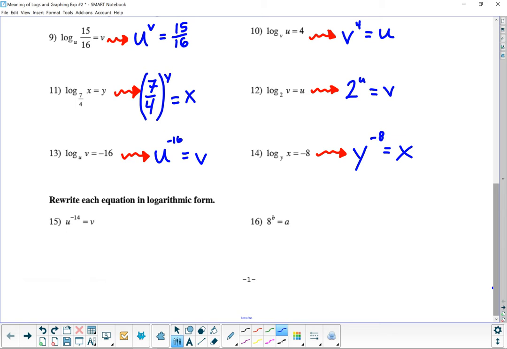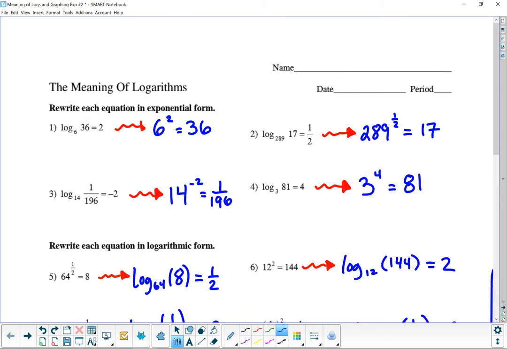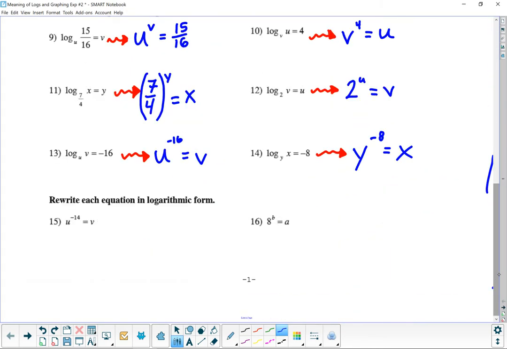Okay, 15, 16, and I presume all the way to 20, 15 through 20. So 15 is rewrite each equation into logarithmic form.